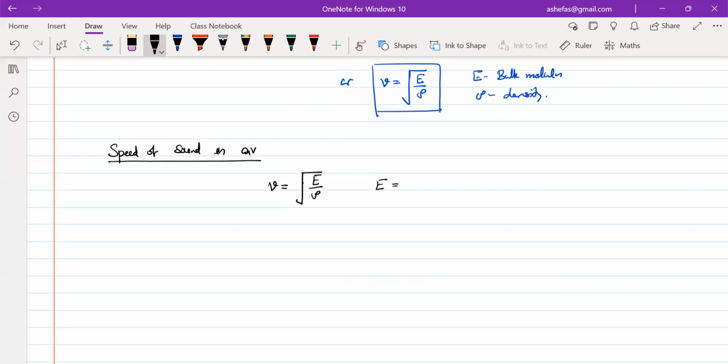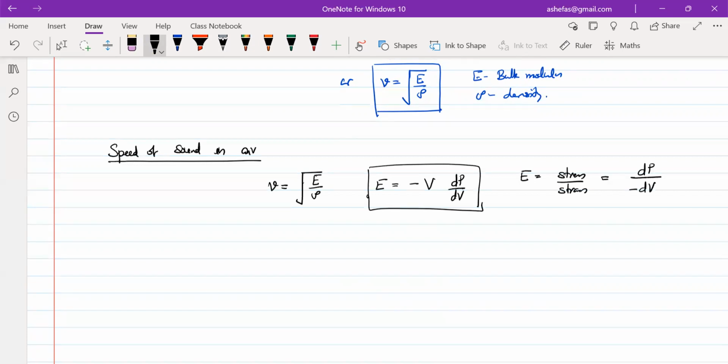By definition, the bulk modulus is equal to minus V dP by dV. How are we getting this? Because we know that it is equal to stress by strain. The stress is the change in pressure, and the strain is the change in volume by the original volume, and therefore it is equal to minus V dP by dV.